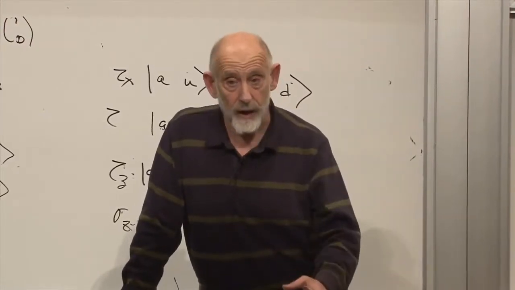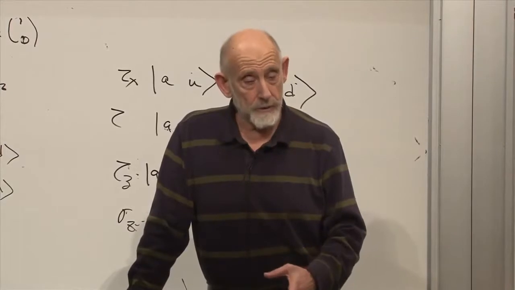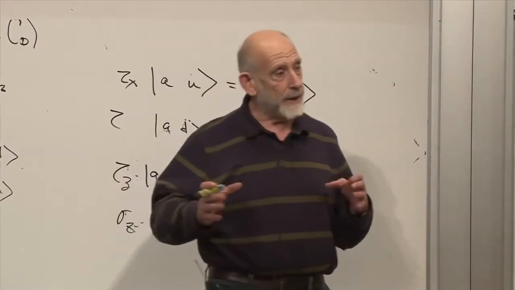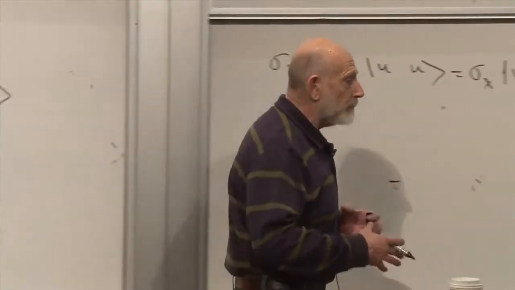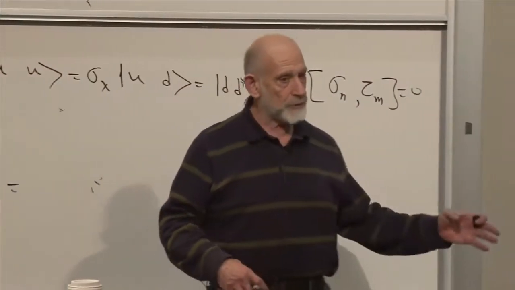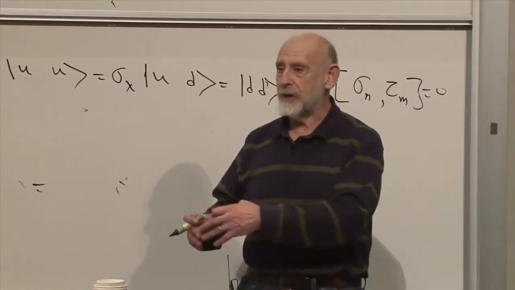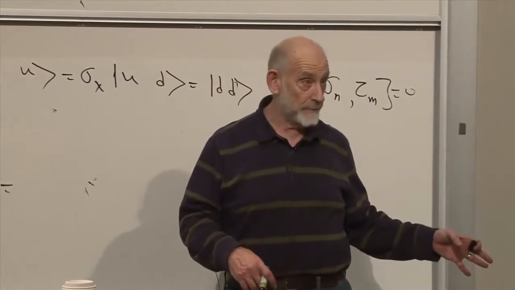What we've done up till now is do all the ingredients which tell you that as long as you do separate experiments, separate operations on the two subsystems, they will behave exactly as they would have had the other system not been there.